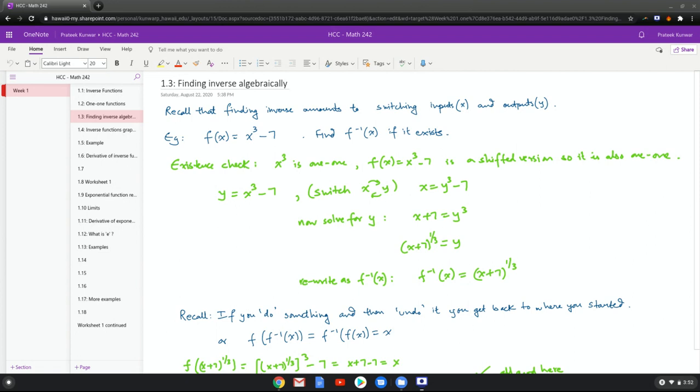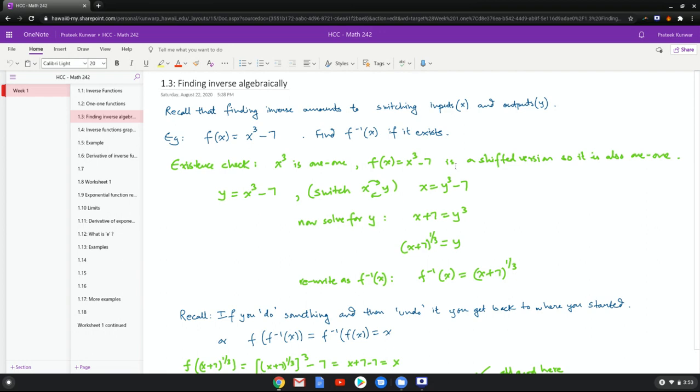So let's jump into an example. f of x equals x cubed minus 7, and find f inverse if it exists. First of all, we have to check that it exists. Remember, the condition is that it has to be 1-1. We already saw in the previous video that x cubed is 1-1, and you know from your previous classes that x cubed minus 7 is just a shifted version of x cubed.